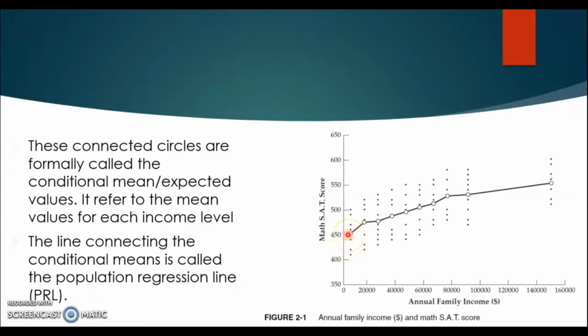In this figure, we have 1, 2, 3, 4, 5, 6, 7, 8, 9, 10. We have 10 points recording 10 average scores, one for each group of income.